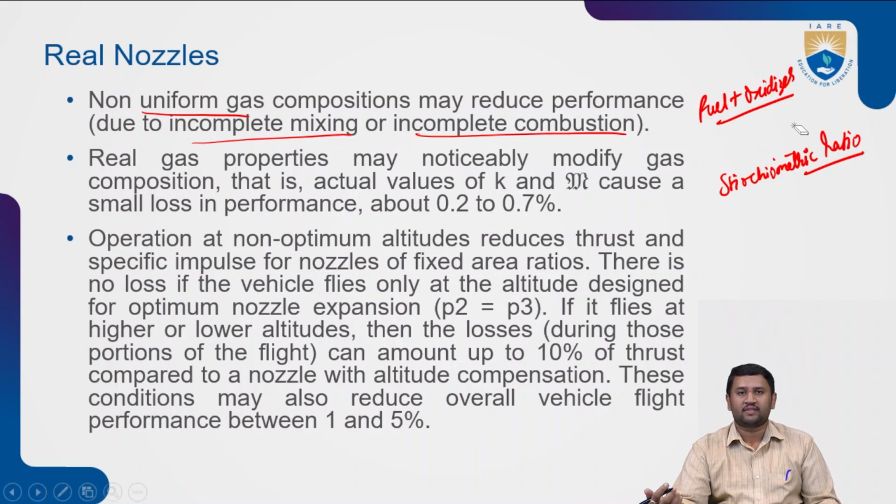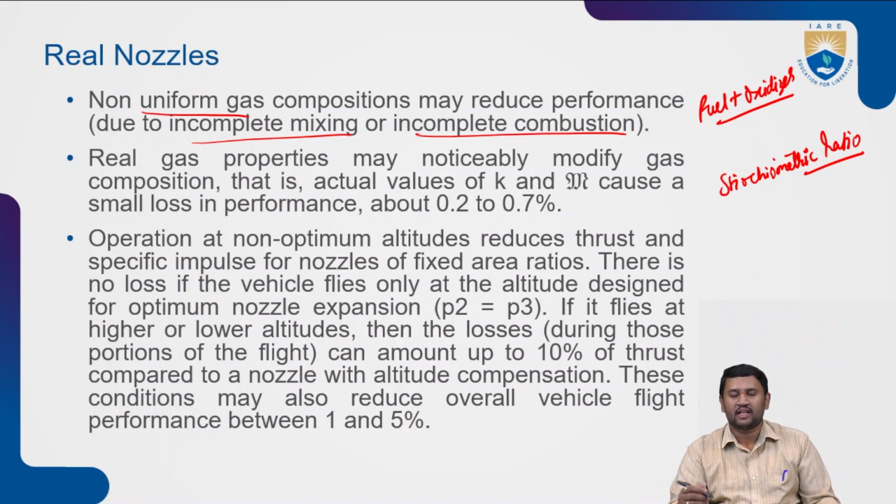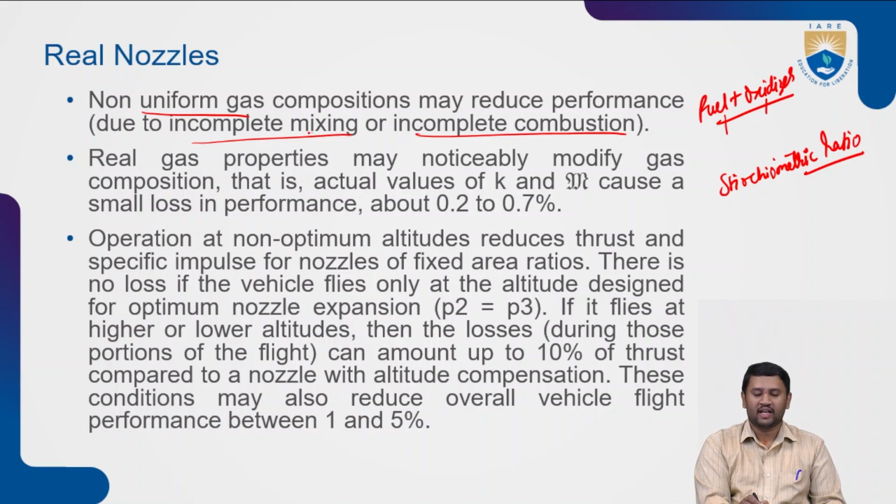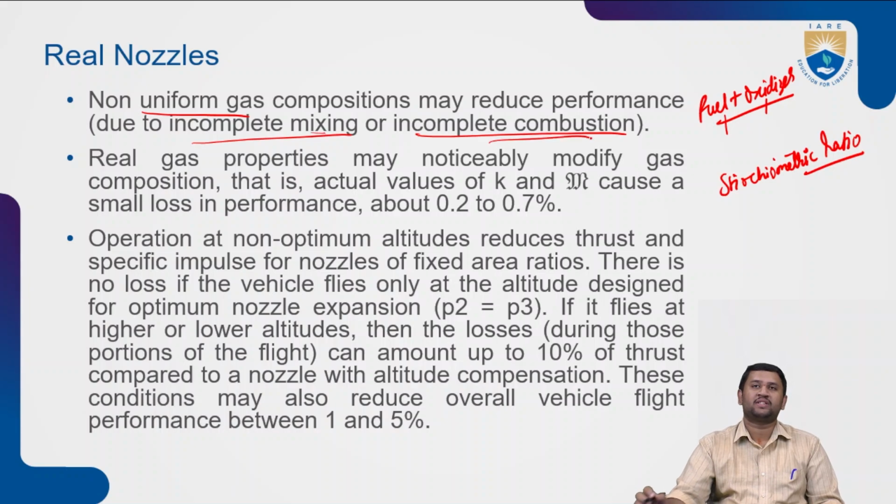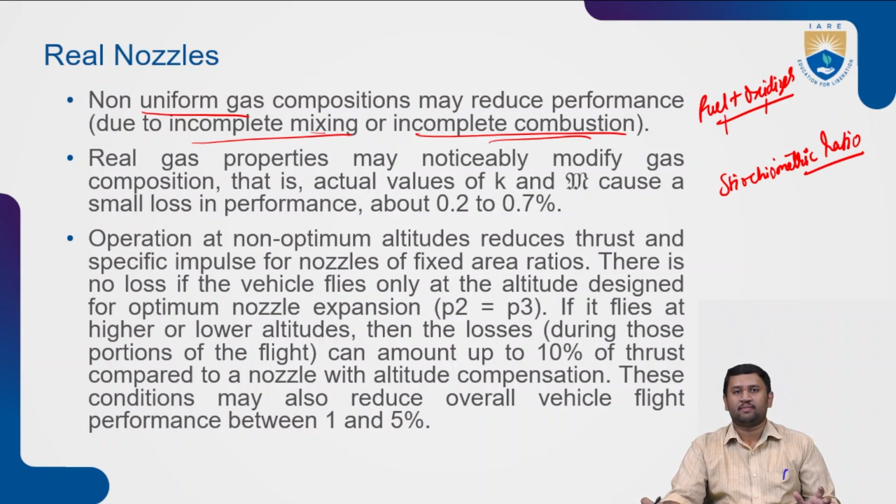We tend to mix under stoichiometric ratio, but in some cases, let's say by the failure of the pump or the failure of the injector, the proportions might vary. This might cause incomplete mixing or incomplete combustion. Due to this, right after the combustion chamber, we will have a non-uniform gas composition, which will reduce the overall performance of my rocket.